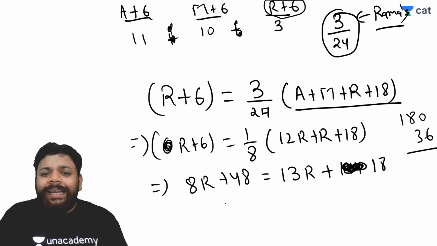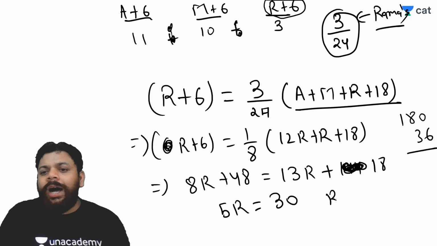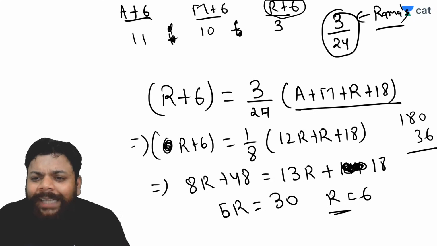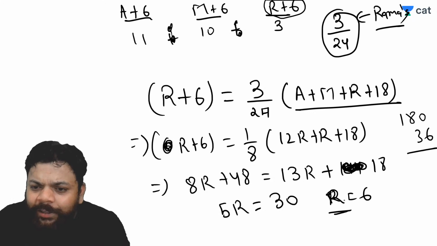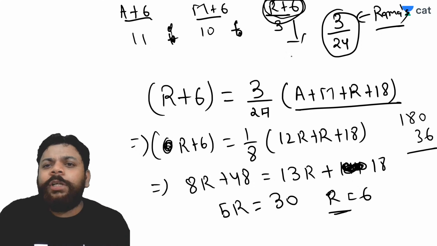So that's the reason I can say that 5r will be equivalent to 30. So r का value is 6. So from this I can certainly say that r का value is 6. Whenever r का value is 6, that means this is going to be 12.